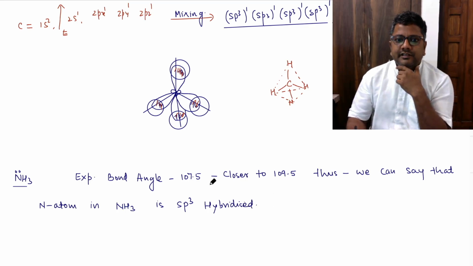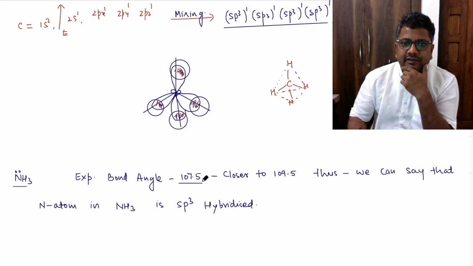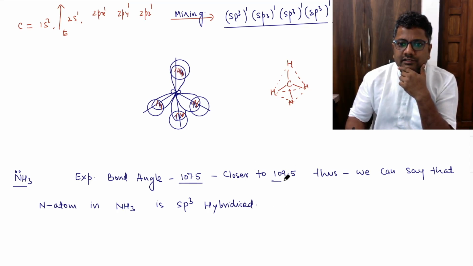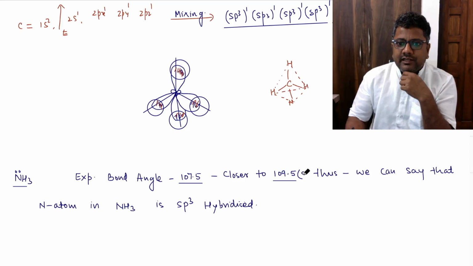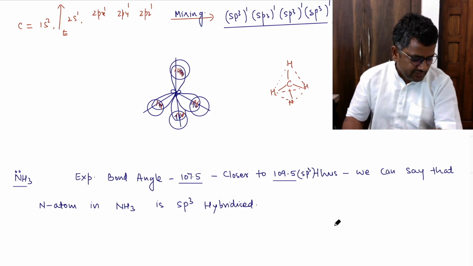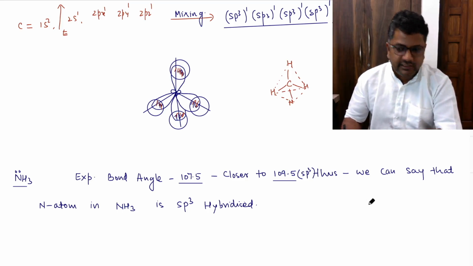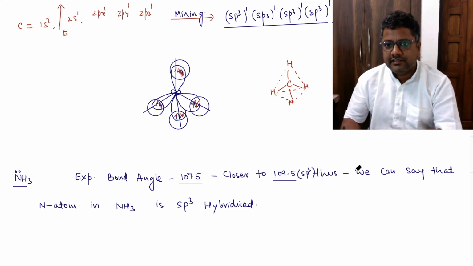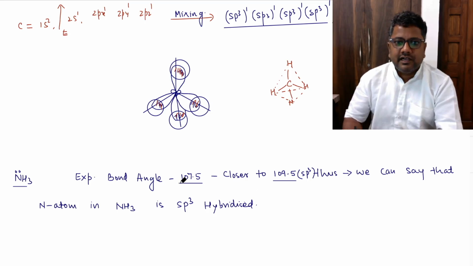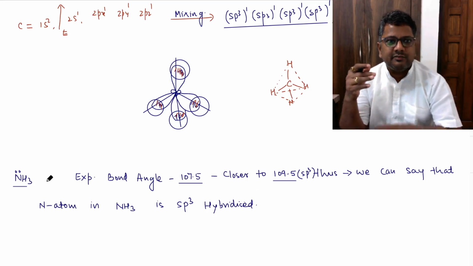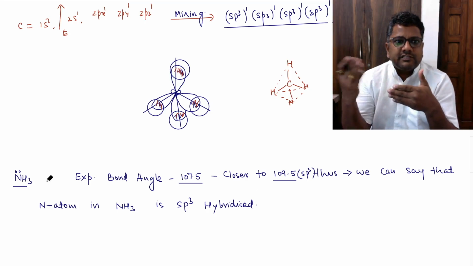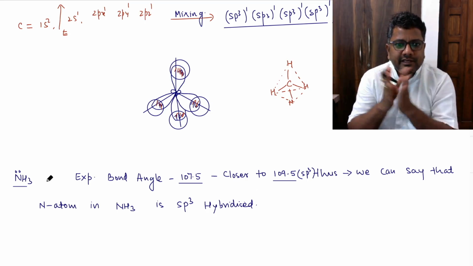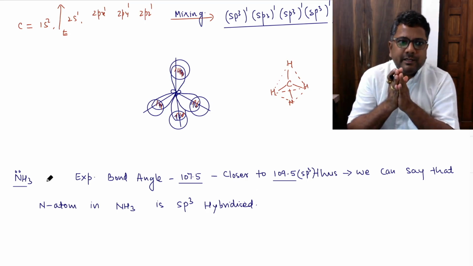Right. See, this 107.5 is closer to 109.5, because 109.5 is the standard bond angle for sp3. So we can say that this nitrogen is sp3 hybridized, because it cannot be sp2, because sp2 is 120 degree, and it cannot be sp because that is 180 degree.